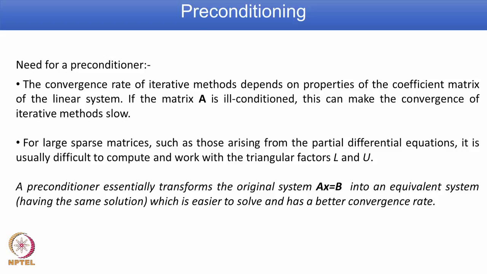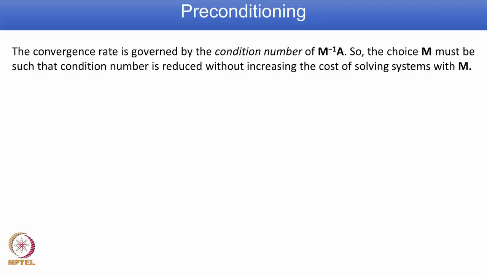In those situations, we follow a procedure called a preconditioner. A preconditioner essentially transforms the original system A x equal to B into an equivalent system which has almost the same solution as the original system, and that equivalent system is easier to solve and has a better convergence rate. Let us get some more idea about this preconditioning.